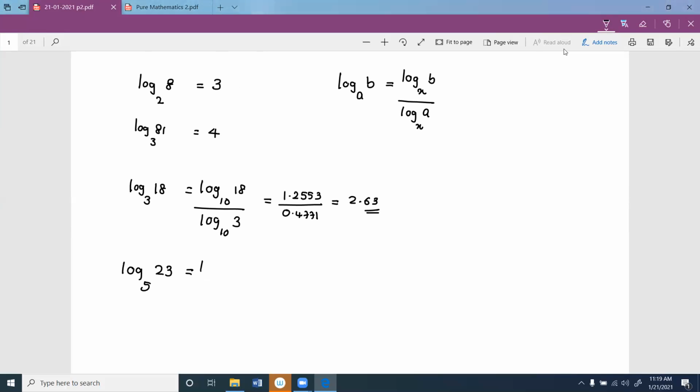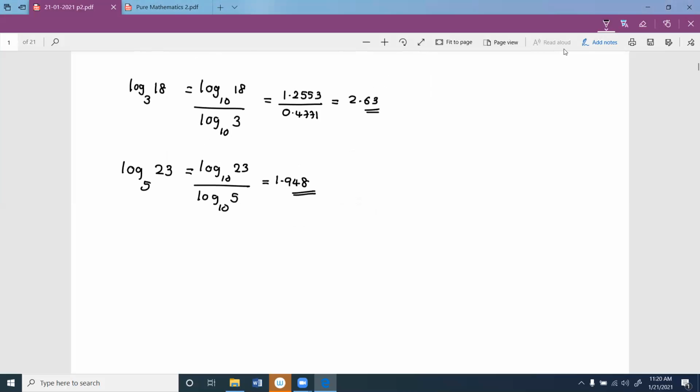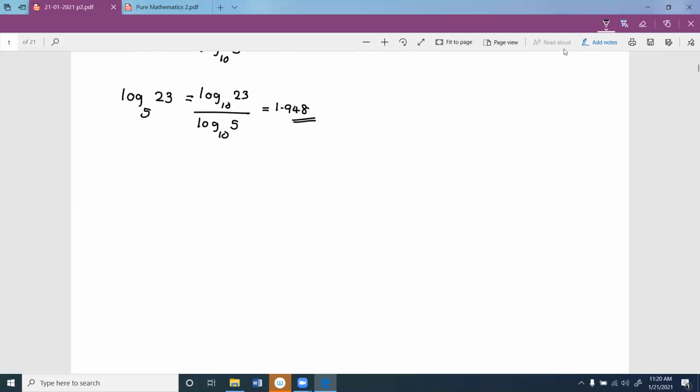Therefore, I can write this as log base 10 of 23 divided by log base 10 of 5. Using the calculator, log 23 divided by log 5 is 1.948. That's the answer, and that's a way of doing this kind of question.